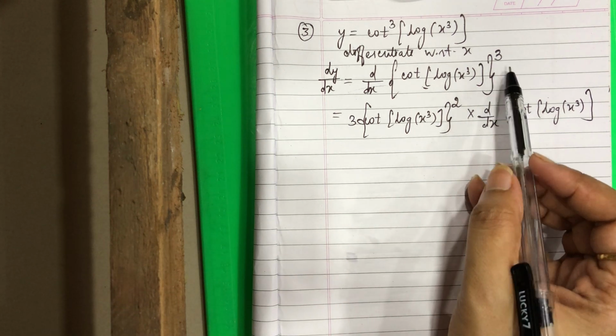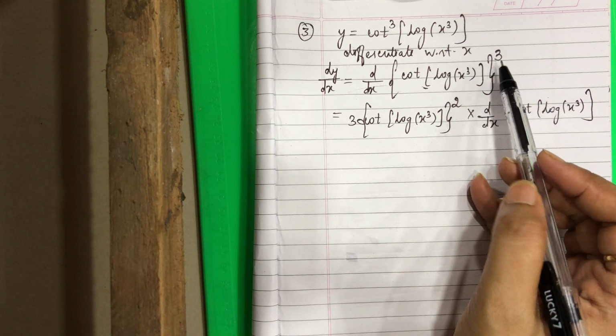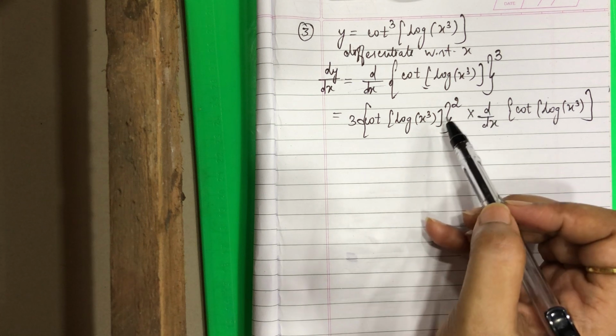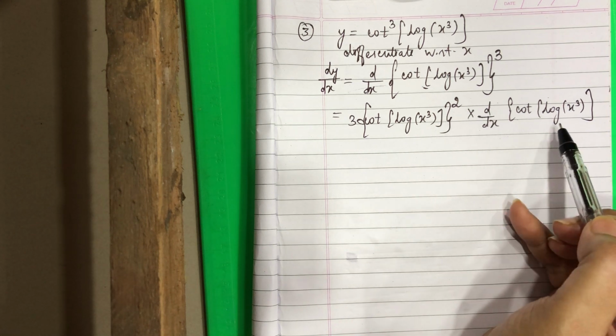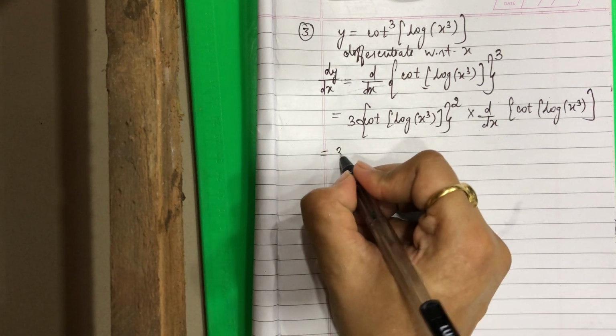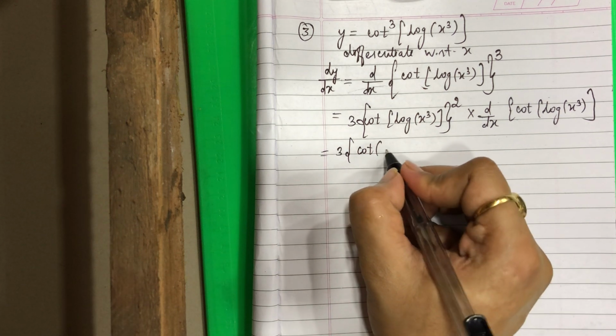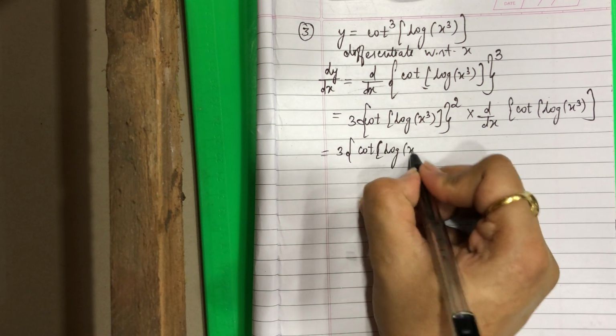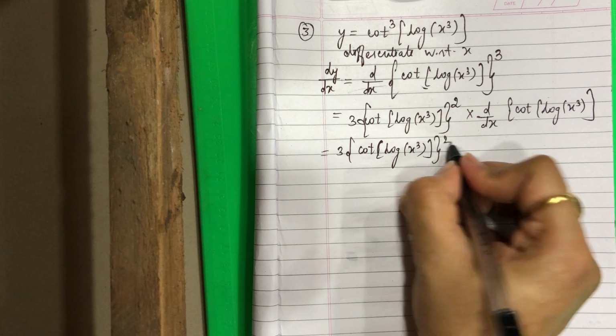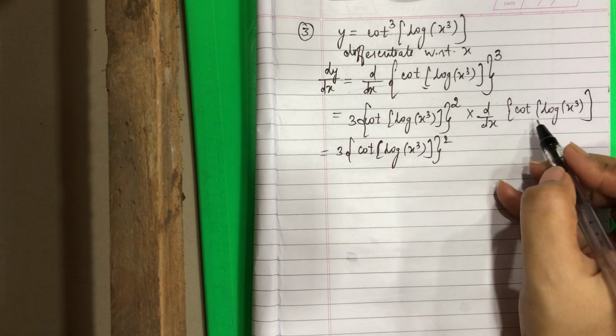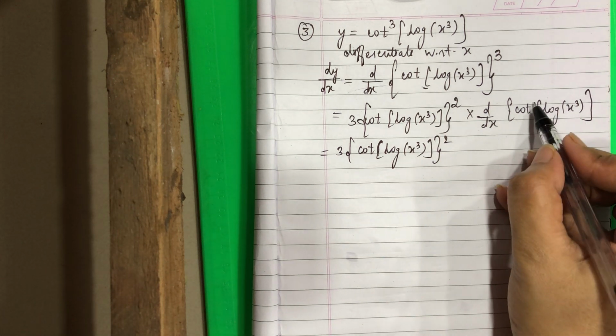So first, by using the chain rule, we have differentiated the power, f x raised to the power n, then d by dx of f x. So this is 3 cot log x cube bracket close whole square d by dx of cot log x cube.